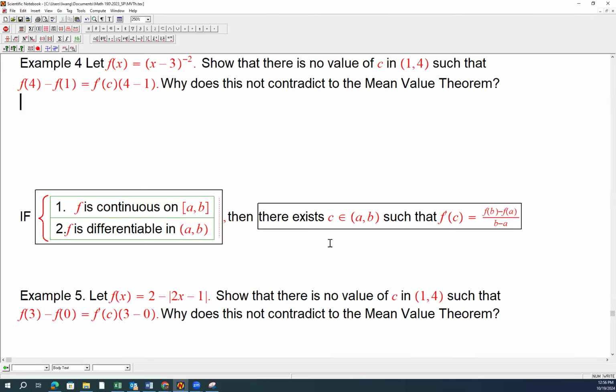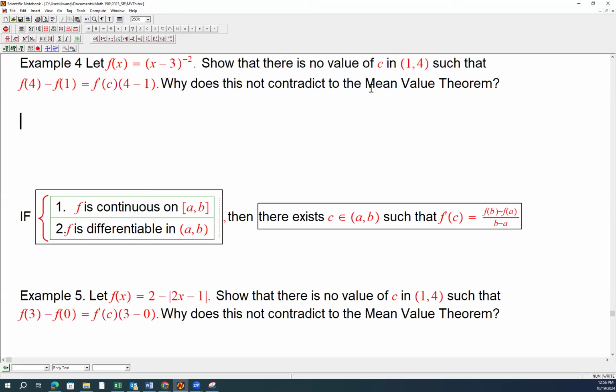But does that mean that c would definitively not exist? That is actually not necessarily true. It's just we have no guarantee. Maybe it does exist, but there's no guarantee. But if the 2 conditions are satisfied, for sure, the conclusion will be true.